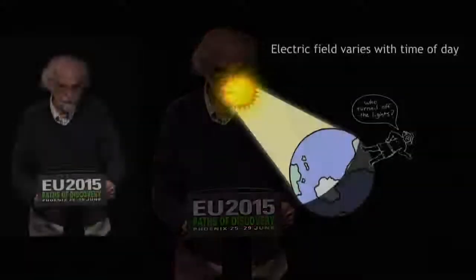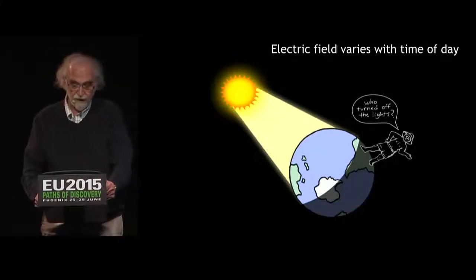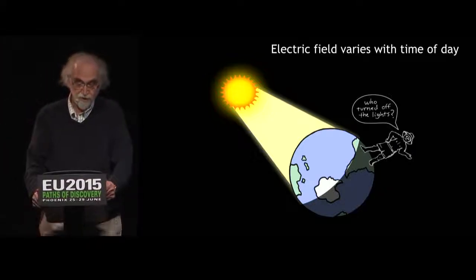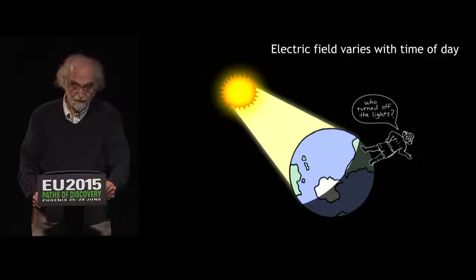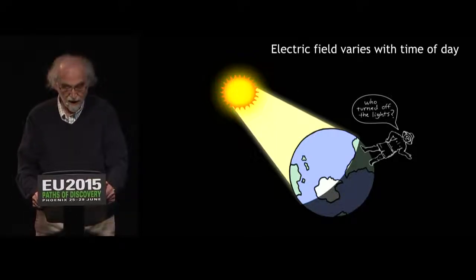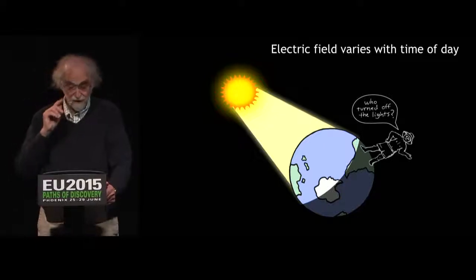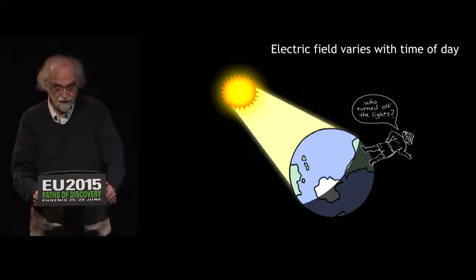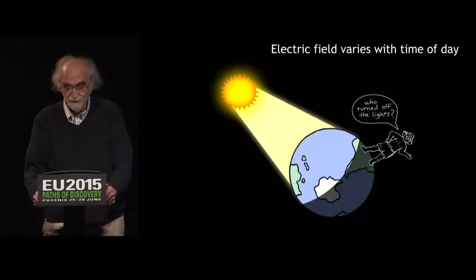So there should be a big difference between daytime and nighttime. And so therefore, the electric field, which depends on all that charge, should vary with the time of day. So in the middle of the day, you ought to see a lot of electric field when you're measuring well up above the Earth. And at nighttime, it wanes, so it waxes and wanes.